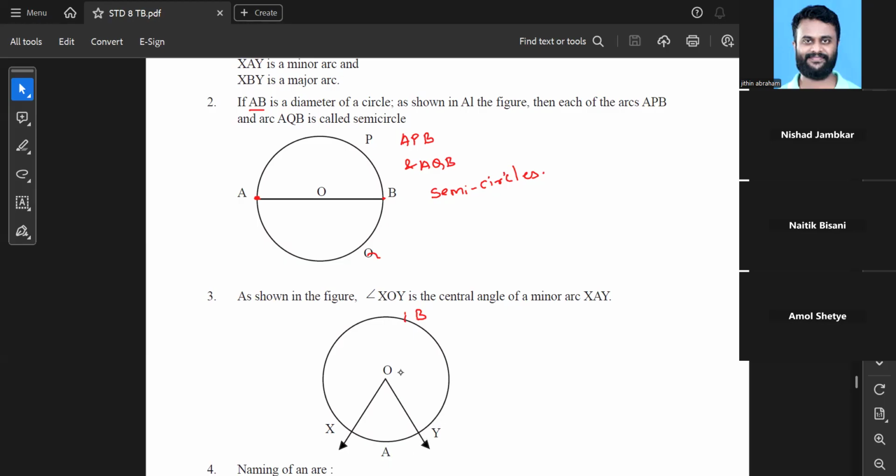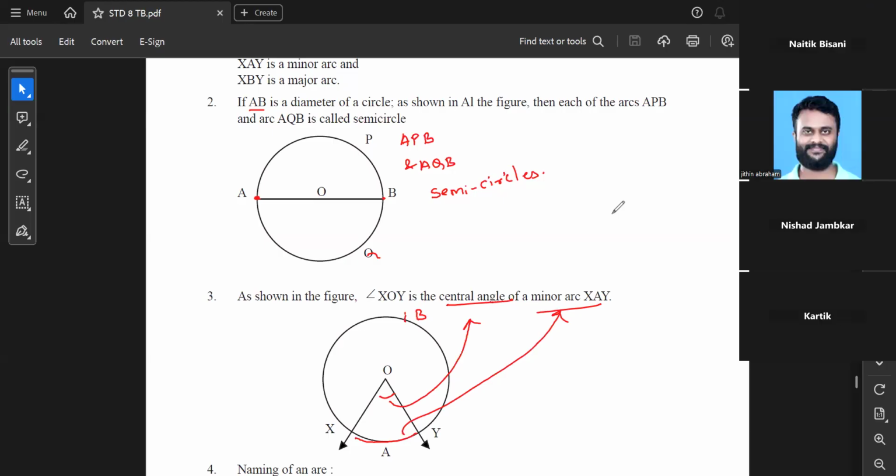So in this case, the angle XOY will be called the central angle of minor arc XAY. So whenever there is an arc, there will be an angle as well, and that angle is called the central angle.